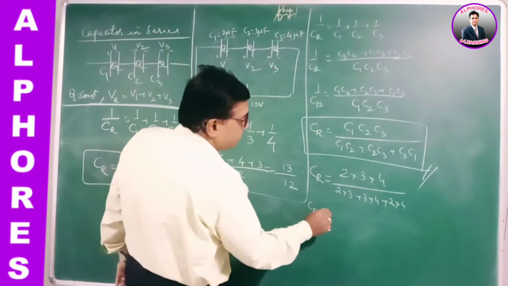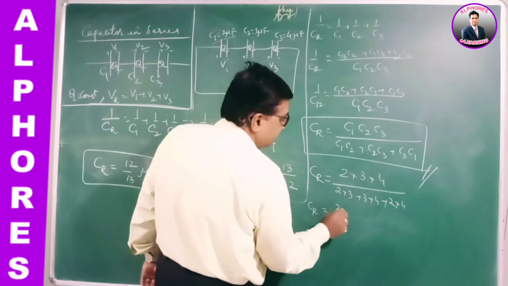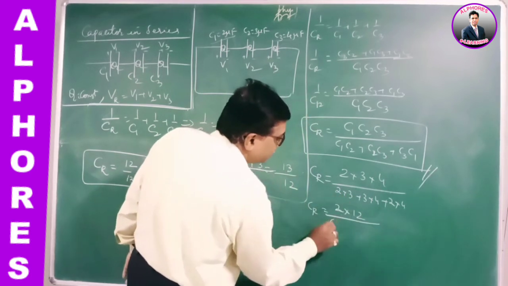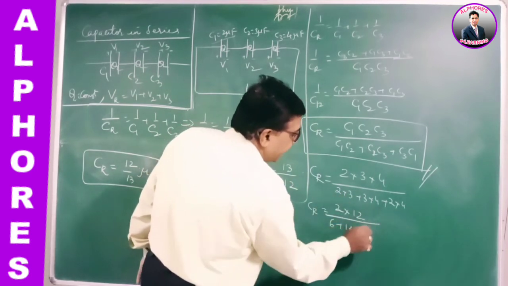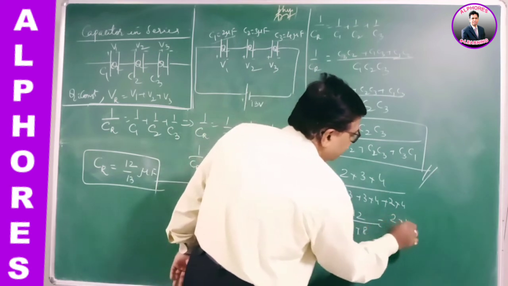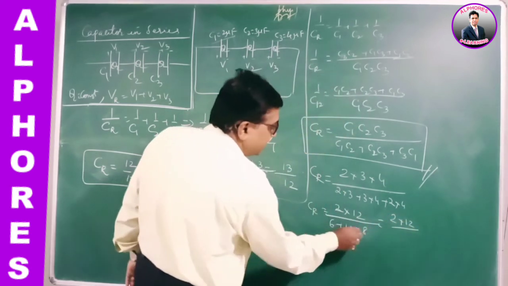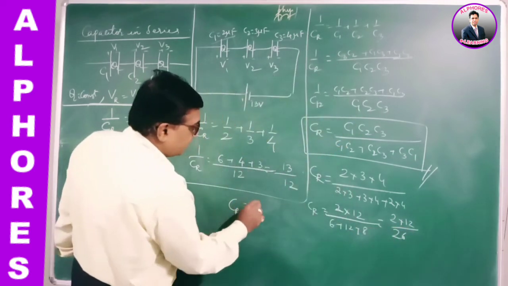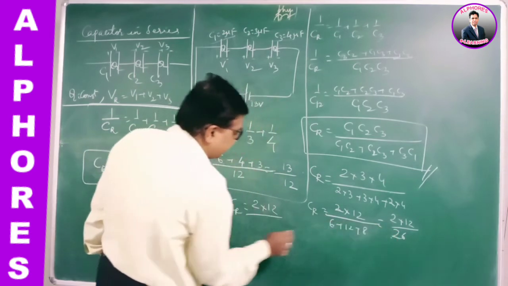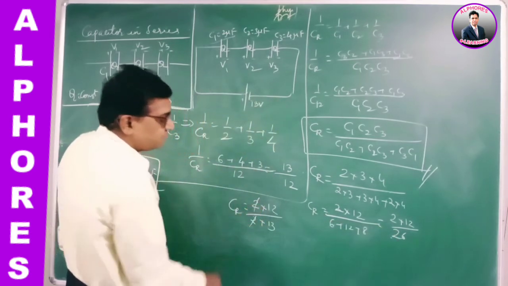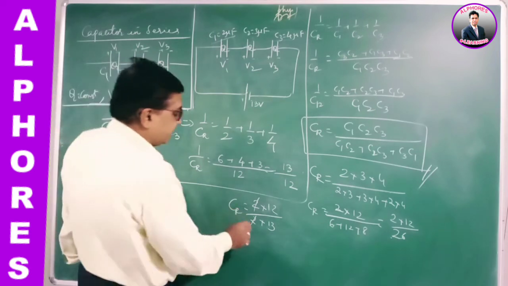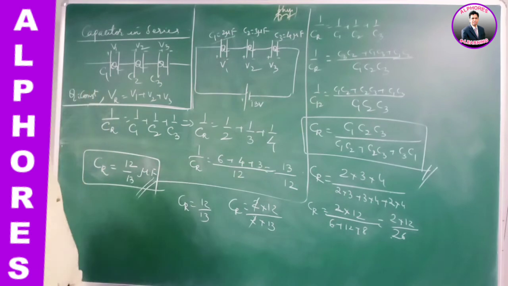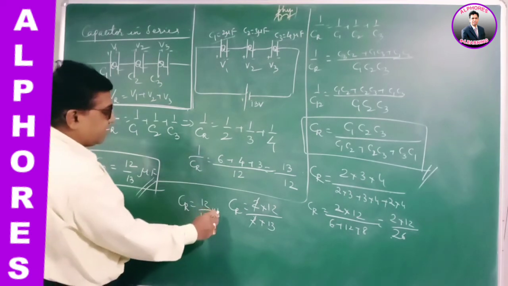Well, resultant capacity is 2 into 3 into 4, that is 24, by 6 plus 12 plus 8, which is 26. So 24 by 26, I shall write as 2 into 12 by 2 into 13. Therefore, the resultant capacity is 12 by 13, the same value you got here. So, it's 12 by 13 microfarad.